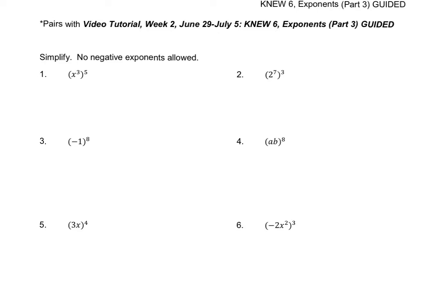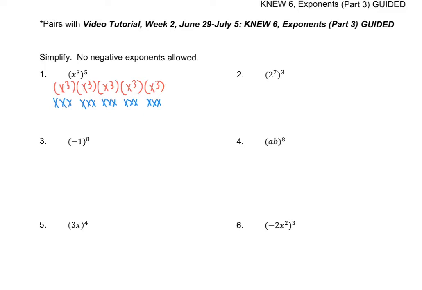So if I were to write this out, we're saying that I have x to the third, x to the third, x to the third, x to the third, x to the third. Well, I know that this really means I have xxx, xxx, xxx, xxx, and xxx, right?